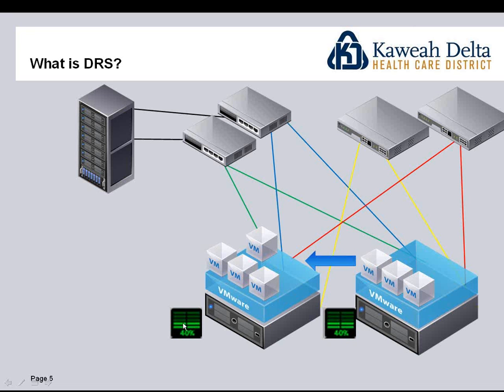Your CPU and memory are all balanced across your hosts. That's what DRS provides for you. You have some settings where you can tune how aggressive you want it to be. We have it in the medium moderate range, and I can show you that here.